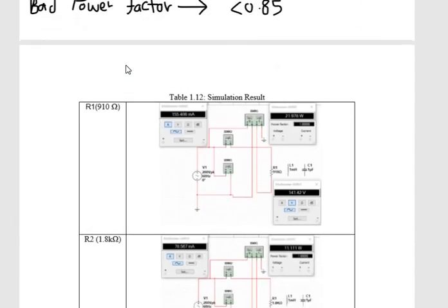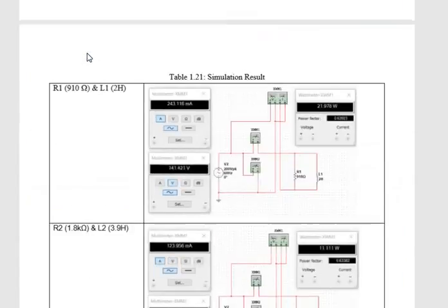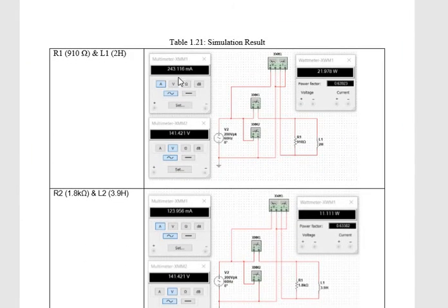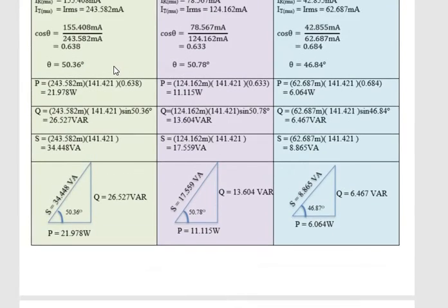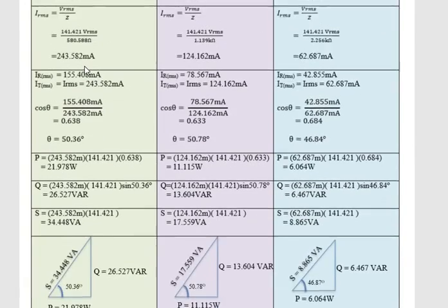And then part 2 is a resistive inductive load. After we undergo the simulation, we collect all the data regarding the voltage and current and also the power. We then calculate the power factor of the circuit.